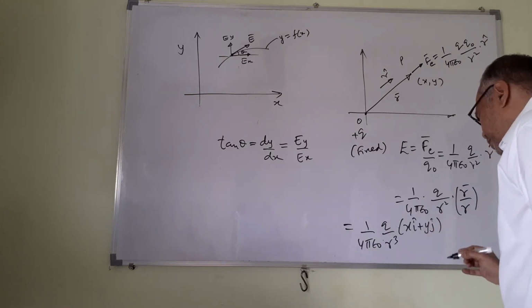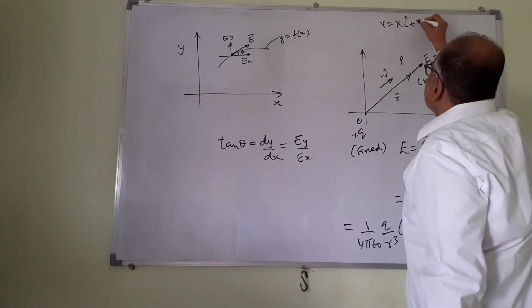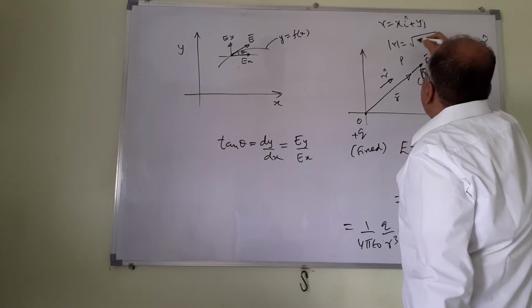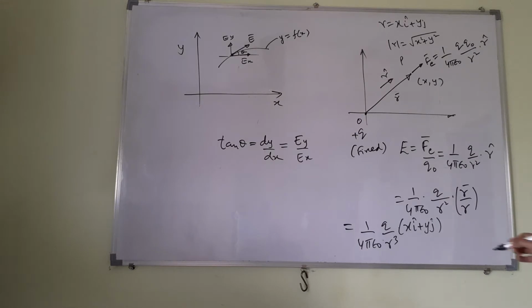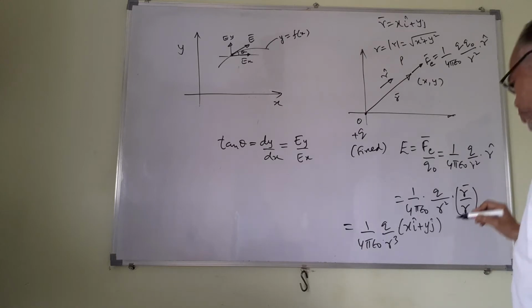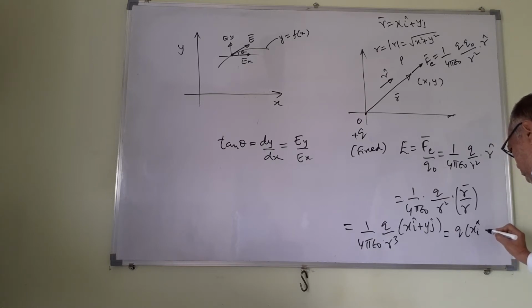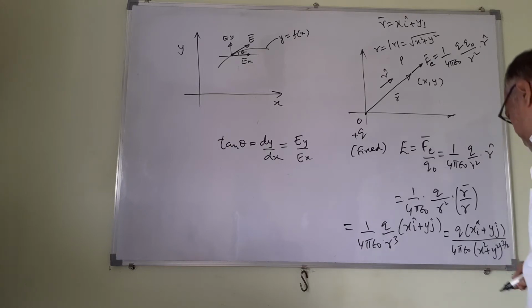If r is xi plus yj, the magnitude of r would be square root of x squared plus y squared. So this would be q into xi plus yj by 4 pi epsilon naught x squared plus y squared raised to 3 by 2.